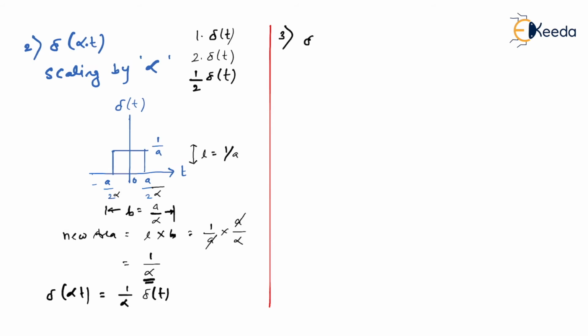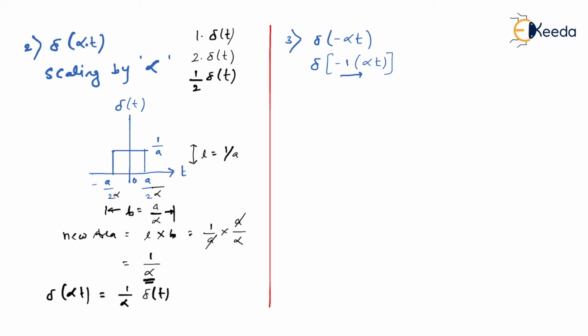Third one, they are asking you del of minus alpha t. Is that right? So now, suppose if I do this way, if I take, let's say, minus 1 common, what remains inside? It is alpha t only. We know that whenever we are approaching from left to right, we first of all see that we need to do time reversal.